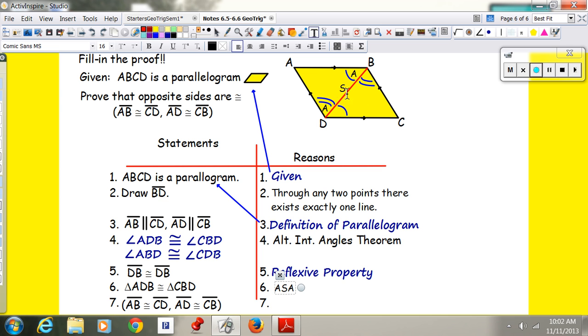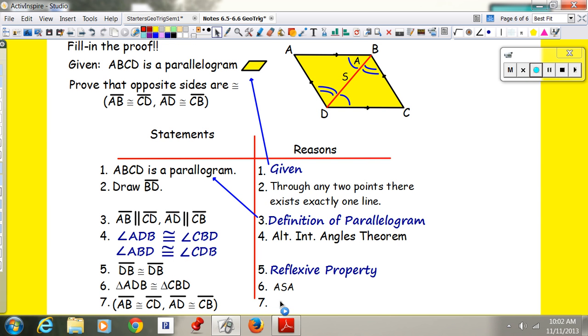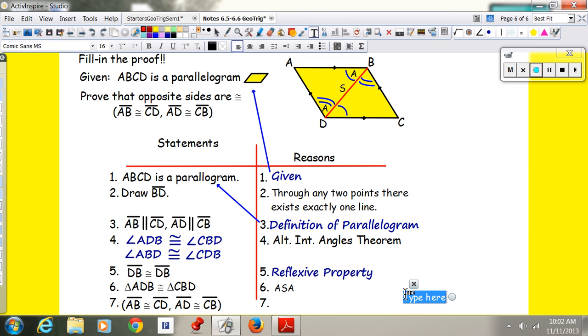Now, because these two triangles are congruent, that means that this top piece has to be congruent to the bottom, and this side has to be congruent to this side, and we call that CPCTC. So that would be our proof. Corresponding parts of congruent triangles are congruent.